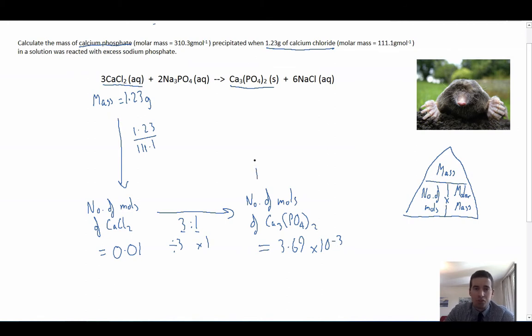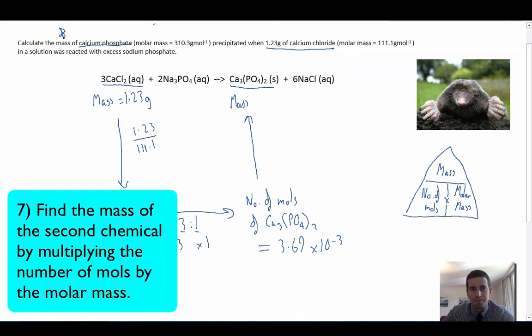We just have one more step to get to mass of calcium phosphate, which is what it asked for in the question. So again, look at our triangle. This time we want mass, so cover up mass, and you are left with number of moles multiplied by the molar mass. So in this instance, it's 3.69 times 10 to the minus 3 multiplied by 310.3.